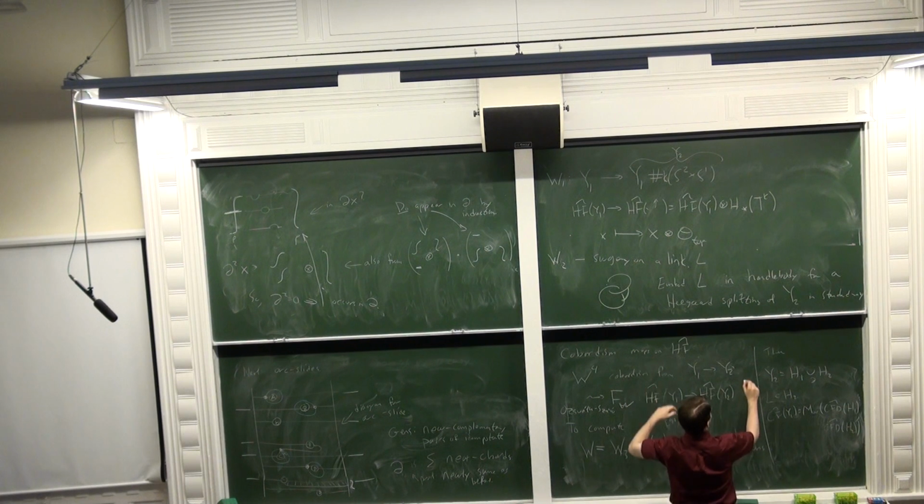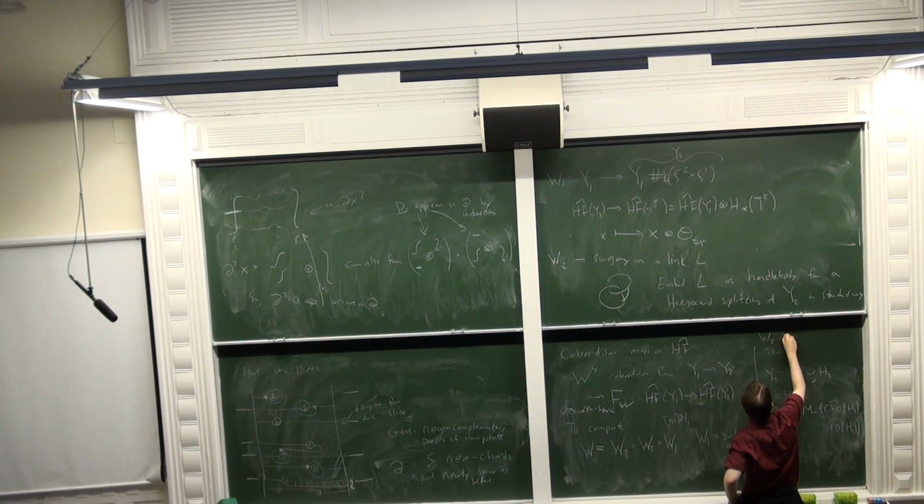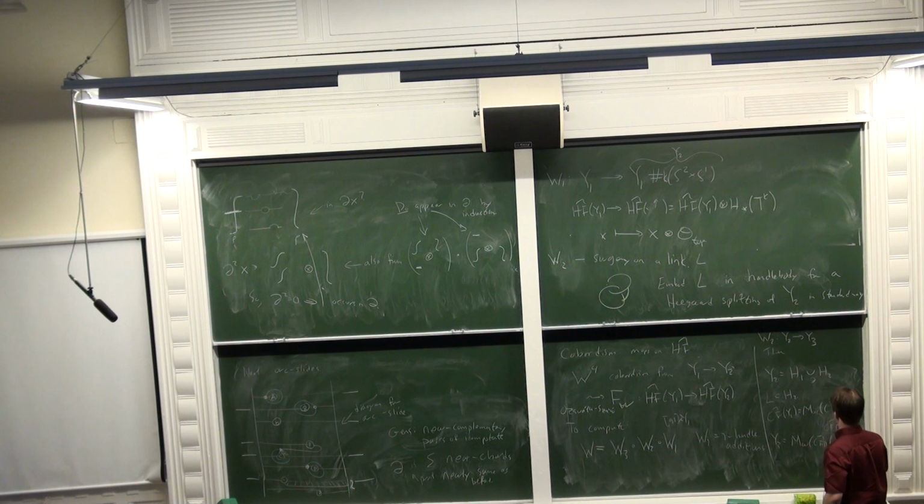Let's say that W2 goes from Y2 to Y3. Y3 is morphisms from CFD hat of H1 to CFD hat of some other handlebody H2 prime, gotten by performing surgery on this standardly embedded link inside H2.